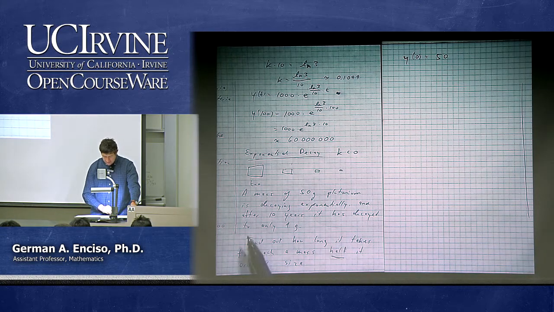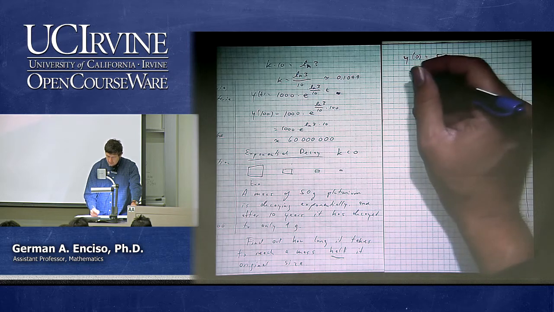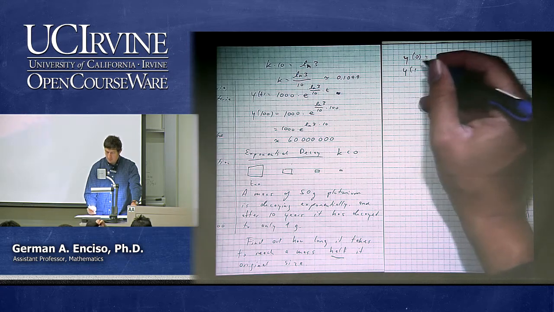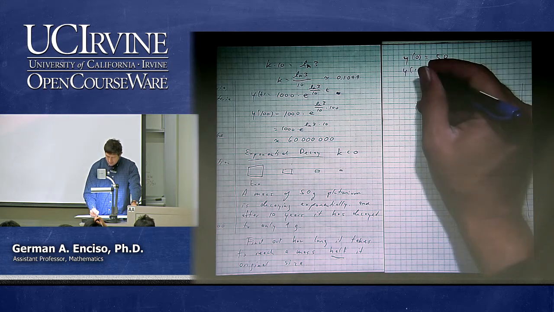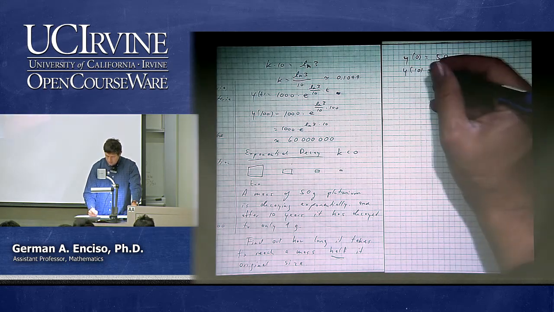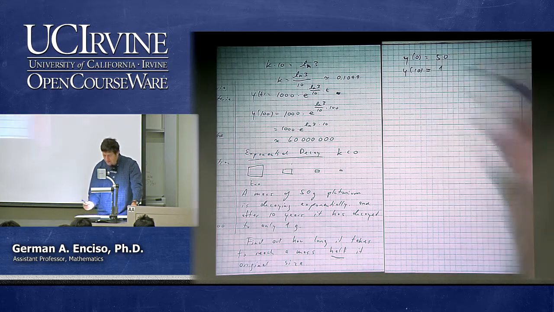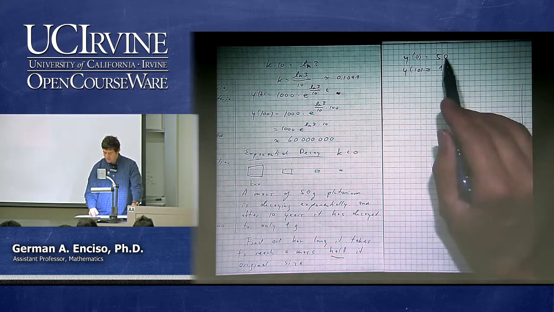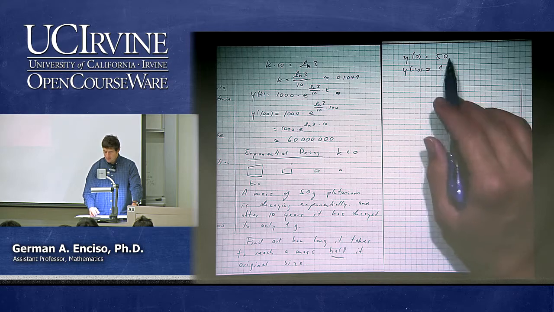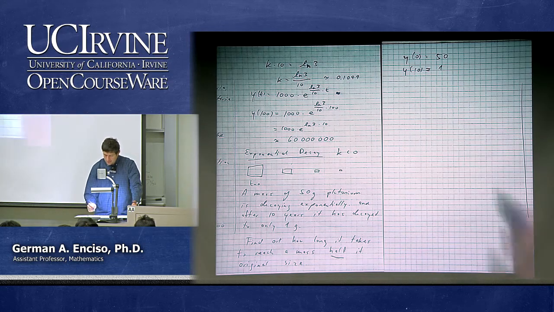We are told after 10 years it has decayed to only 1 gram. That means y of 10 years is equal to 1. Very good. So implicitly in these formulas, we're counting this 50 and this 1 in grams, and the time is in years. So this is the information.